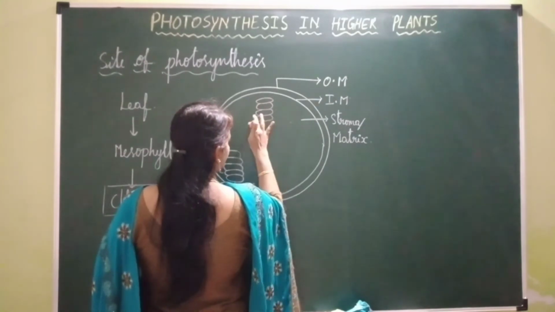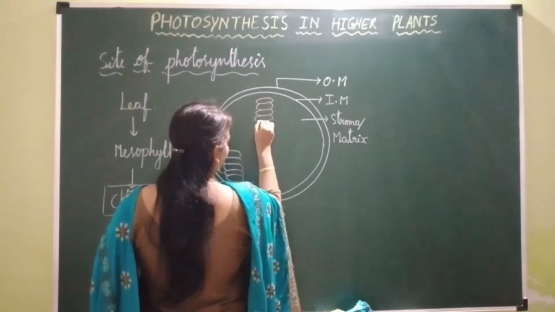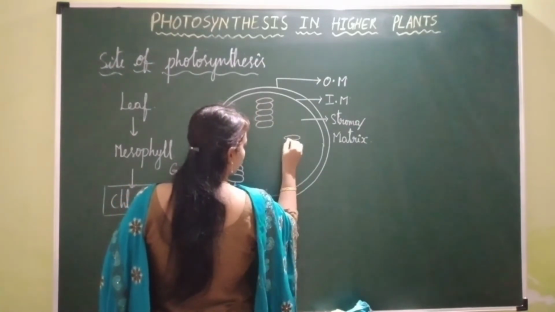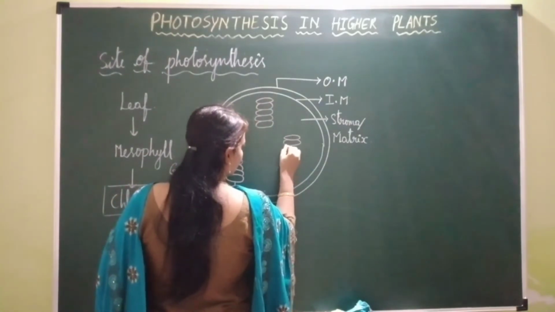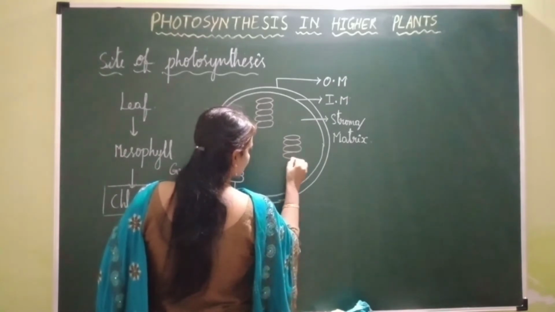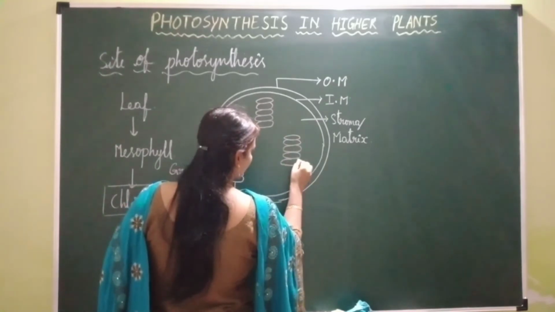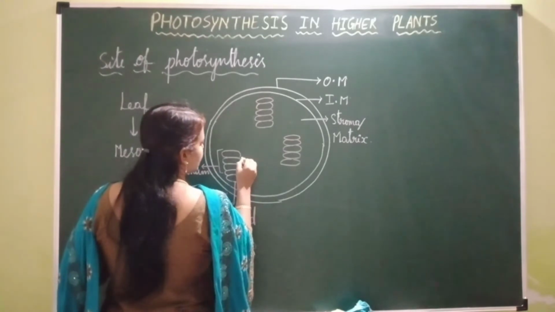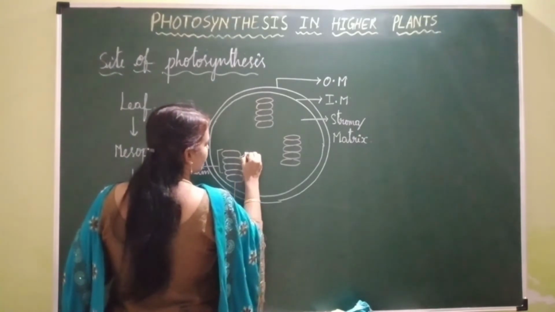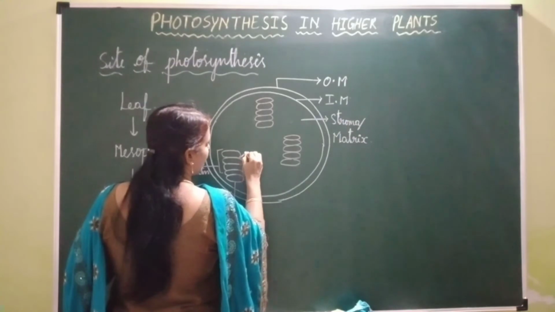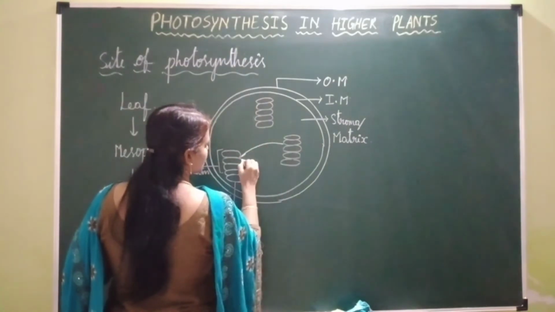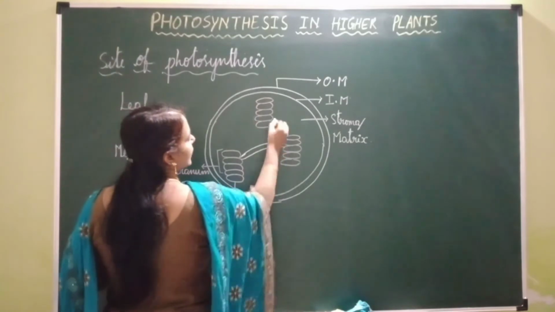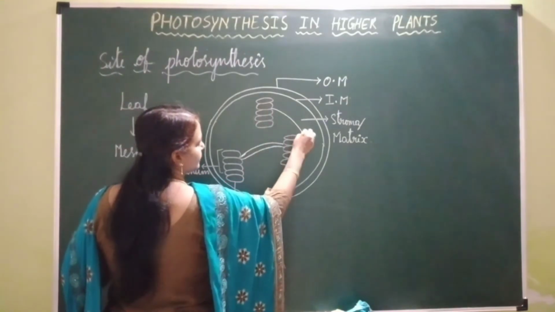All these grana are connected with one another with membranous structures called stroma lamellae or grana lamellae, which are also called fret lamellae. So like this, grana are present, and these grana are connected together with the help of membranous structures called stroma lamellae or grana lamellae or fret lamellae.